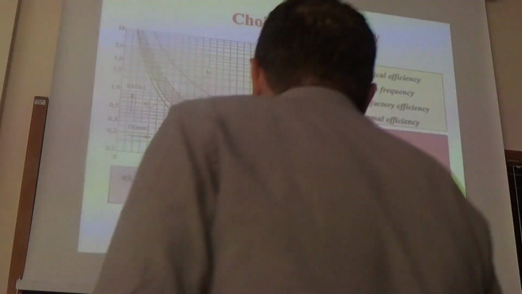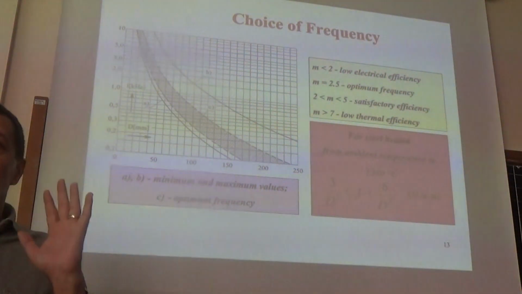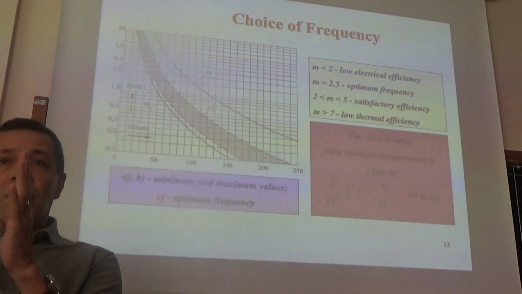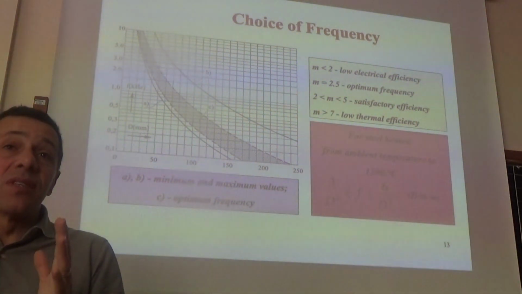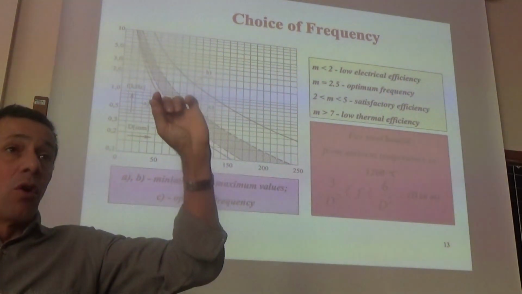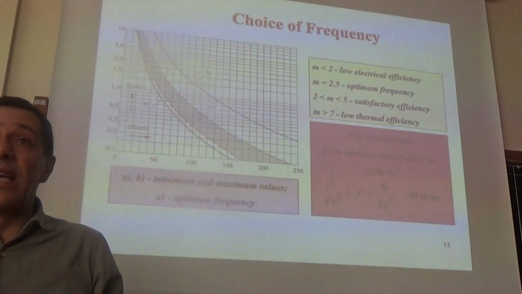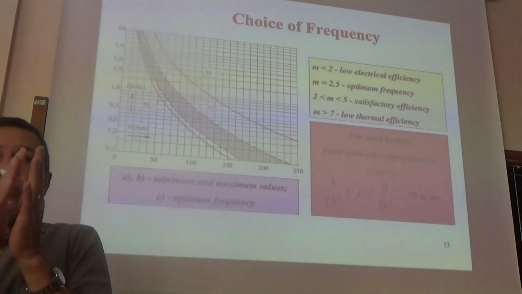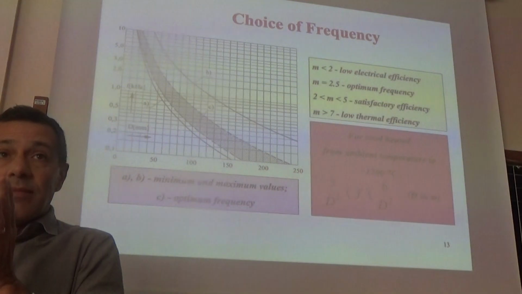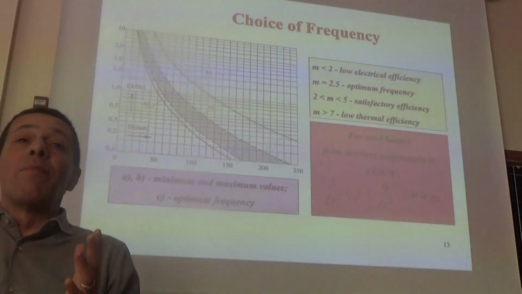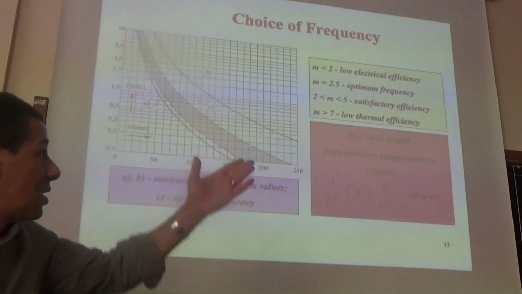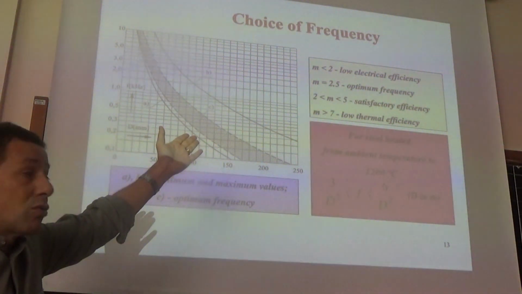But from the thermal point of view, m greater than 2.5 means a shallow distribution of the power density. So we are concentrating all the power density on the first layer of the billet. It means that we have a lot of losses outside the billet. We are not putting the power sources inside the billet, but only on the surface. So this is the meaning of the yellow table.